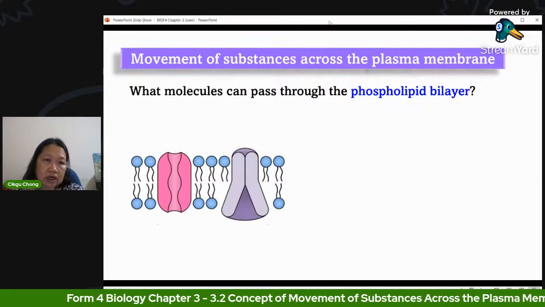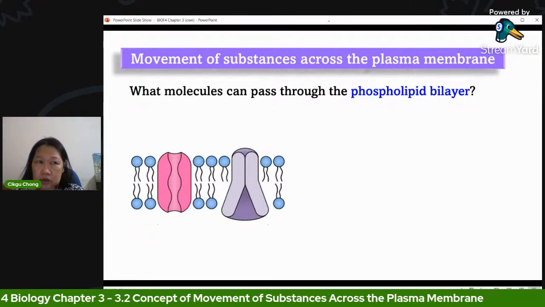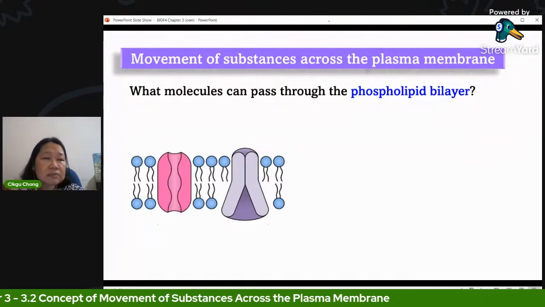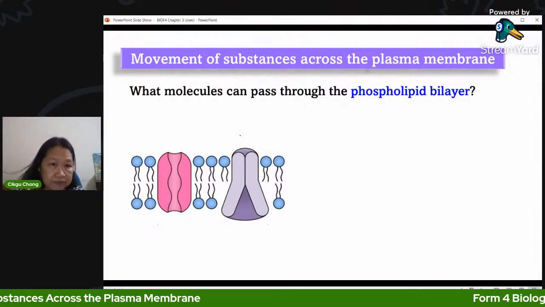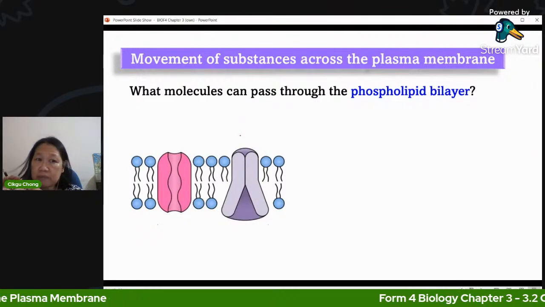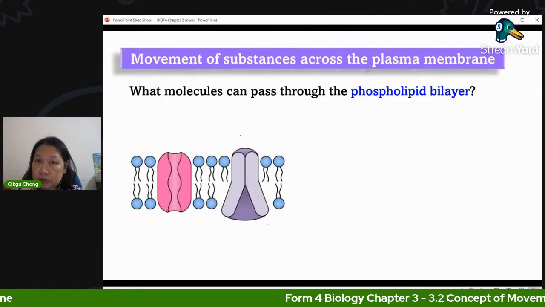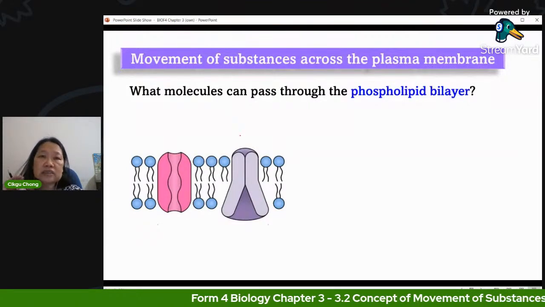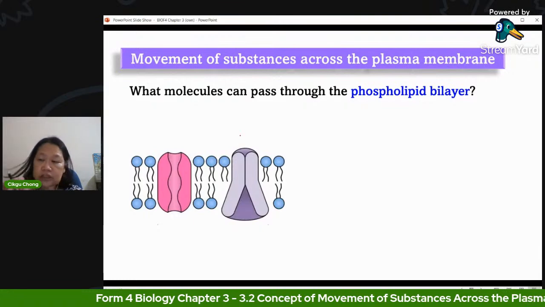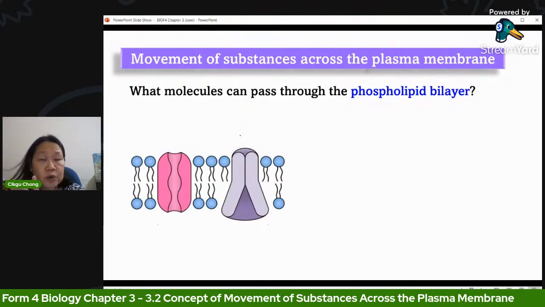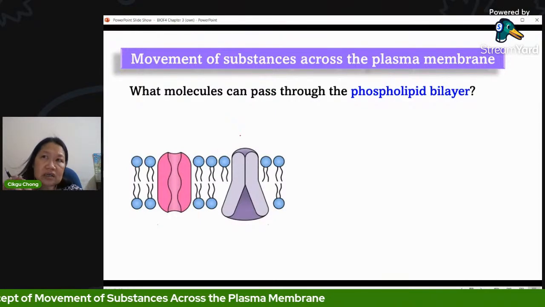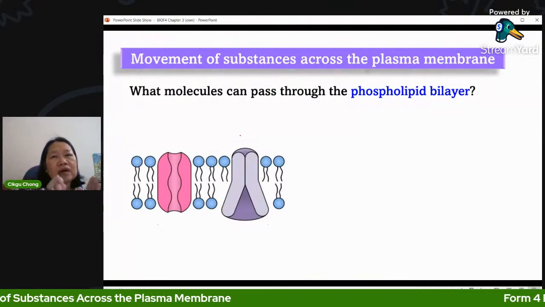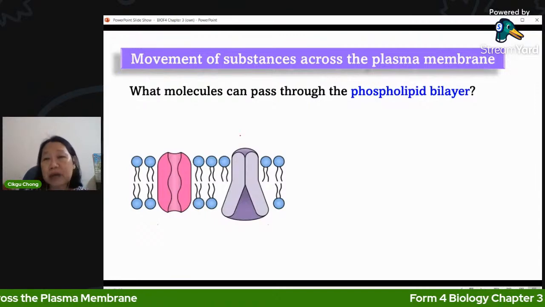Questions will ask how a molecule passes through, or what molecules can pass through the phospholipid bilayer, the channel protein, or the carrier protein. So there are three ways or methods to pass through.